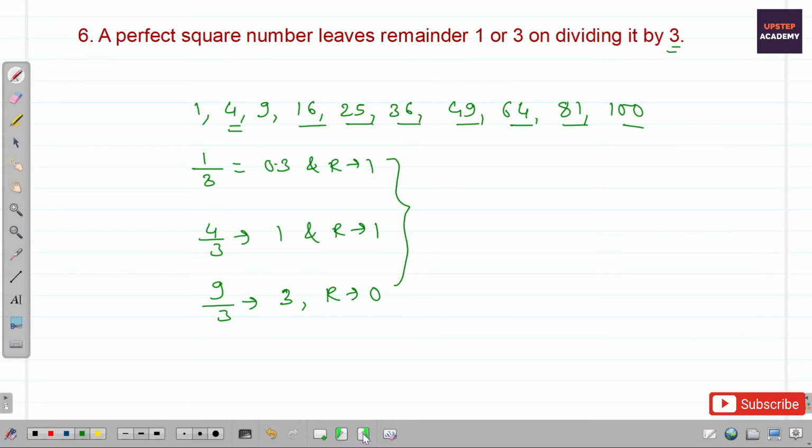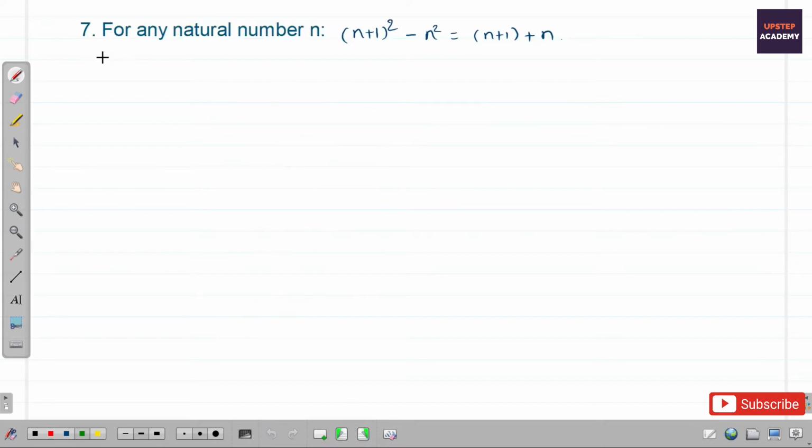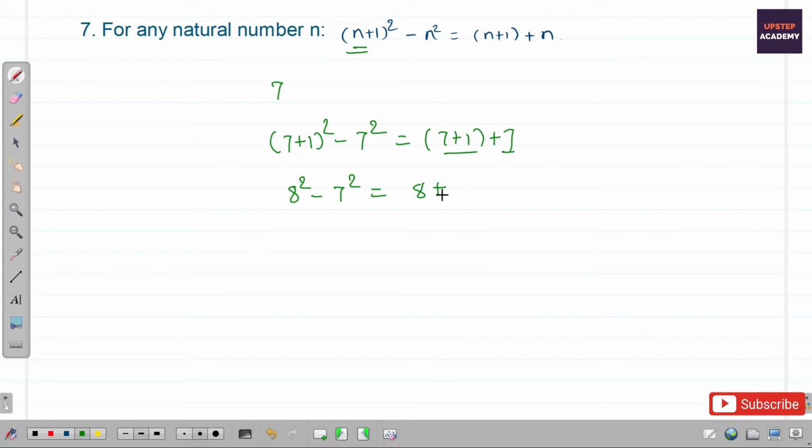Now let us go and see the seventh property of square numbers. Seventh property is for any natural number n, (n+1) square minus n square is (n+1) plus n. Suppose we put 7 in the place of n, then what we get? (7+1) square minus 7 square is (7+1) plus 7, that is 8 square minus 7 square equal to 8 plus 7.